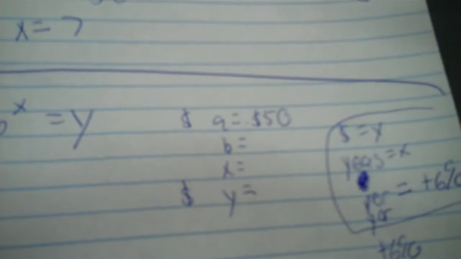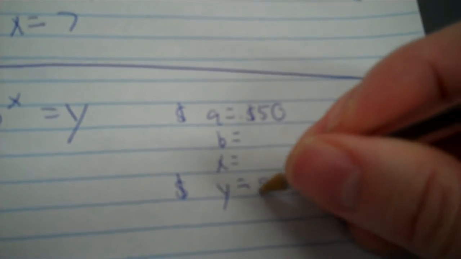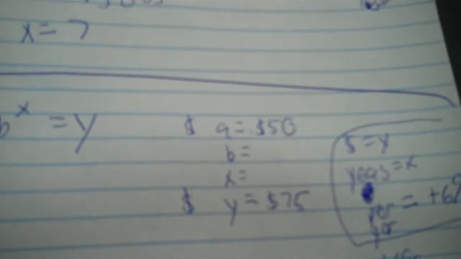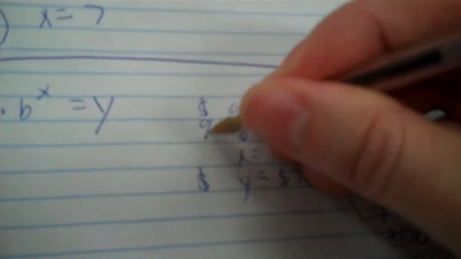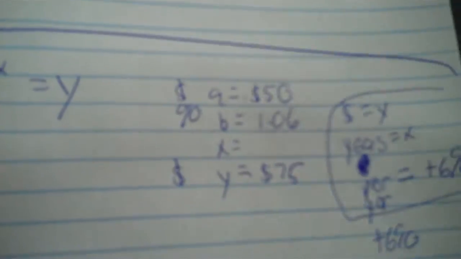A is where the dollars started at, which we know is $50, and Y is where they ended at, which is $75. B is your growth factor, but you've got to take 100% plus 6%. That's 106%. So move the decimal twice, you got 1.06. X is your years, which we don't know, question mark.